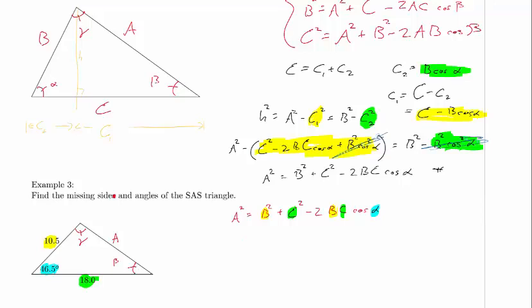This equals 10.5 squared plus 18.0 squared minus 2 times 10.5 times 18.0, and then we're taking the cosine of 46.5.